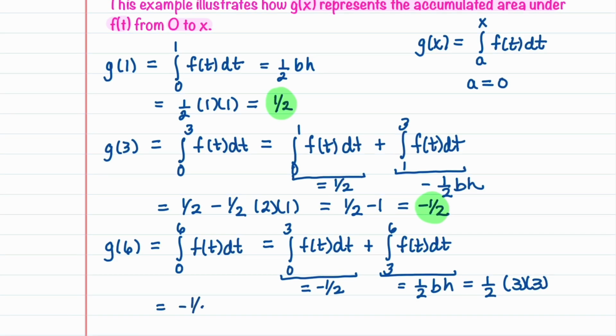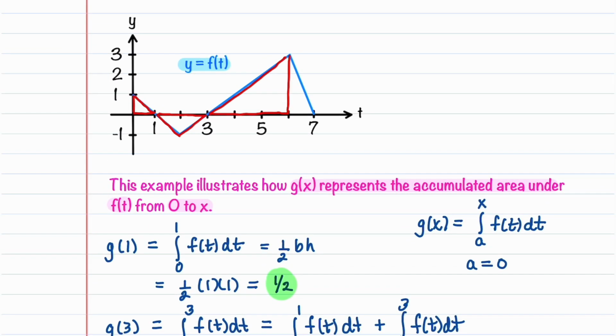We have minus 1/2 from our first integral, and then we have 1/2 times 3 times 3, which is 9 over 2. So this is 9 over 2 minus 1 over 2, which is 8 over 2, and this gives us a value of 4. This tells us that the accumulated area from 0 to 6 is equal to 4. It makes sense that our answer is positive because if you look at the red triangles, you can see that there is more area above the x-axis than there is below the x-axis.